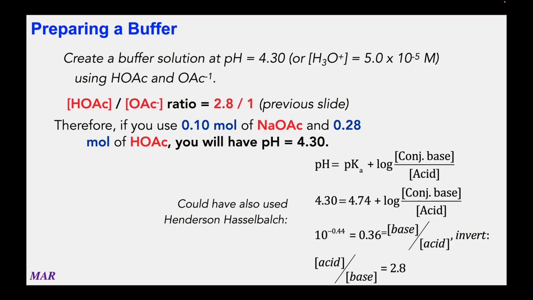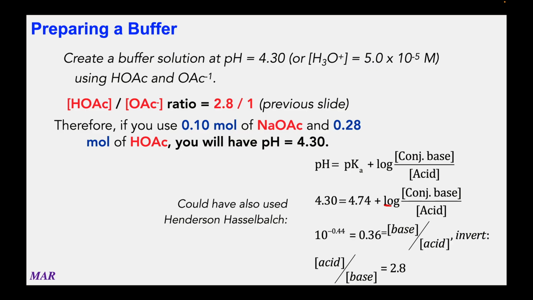Now, to be honest, I probably would have used the Henderson-Hasselbalch equation here because I'm just the HH guy. But anyway, you could also use that: pH equals pK plus log base over acid. So pH 4.30, pK 4.74 plus log base over acid. So 4.3 minus 4.74 gives you minus 0.44. You want an anti-base 10 log to get rid of that log part right there.